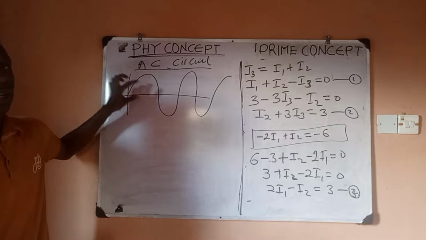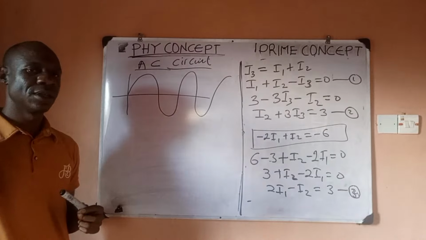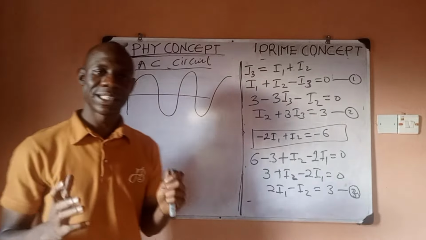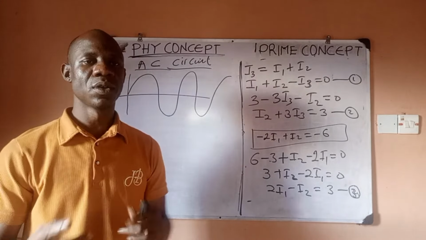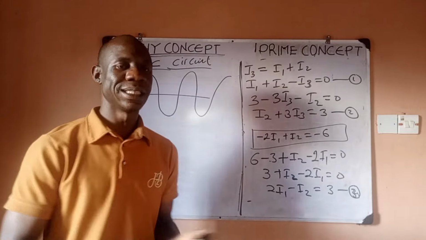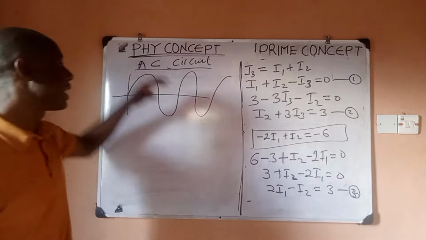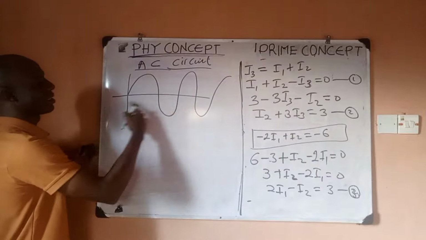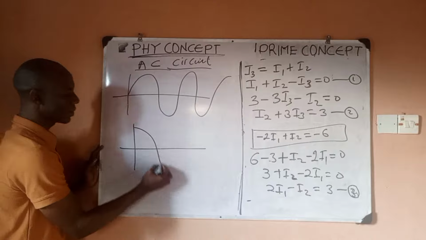This kind of graph is referred to as sinusoidal. So the exam can ask you, the graph of an AC is one of the following: A, sinusoidal; B, straight line; C, and many other things. The graph of an AC current is sinusoidal. It is either like this, or this way, or this way.